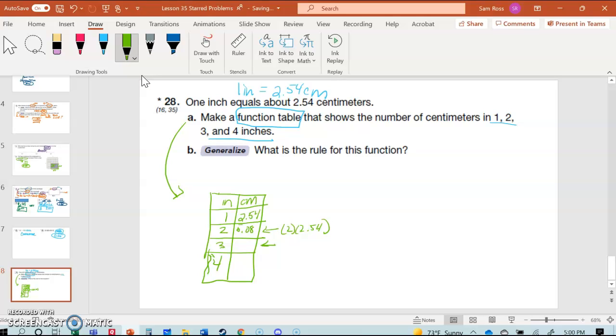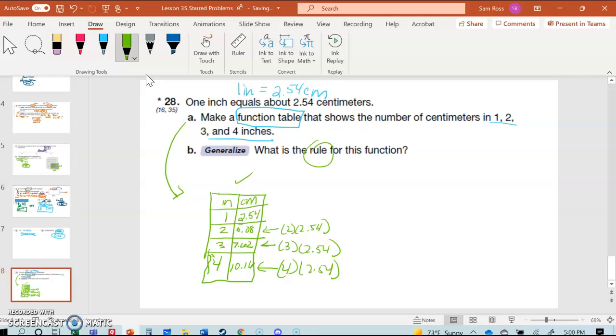And then here, I'm going to do 3, because we're looking at 3 inches times 2.54, which is 7.62. And then here I have 4 times 2.54, which is 10.16.